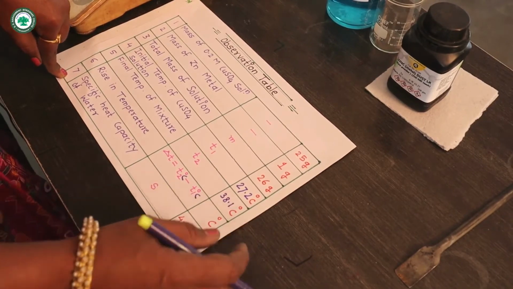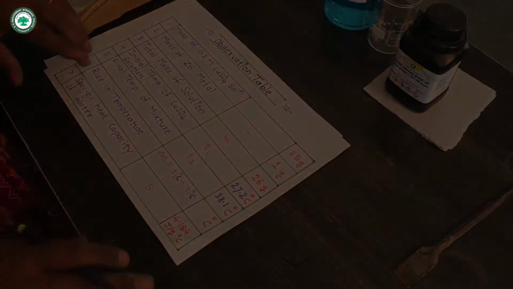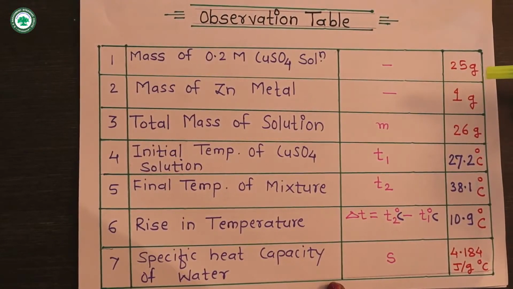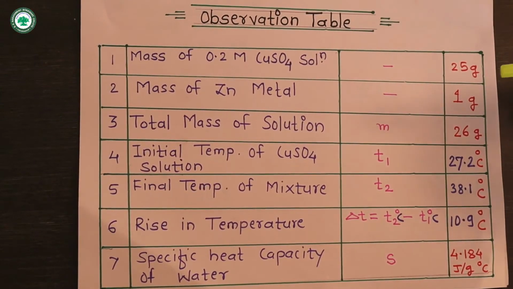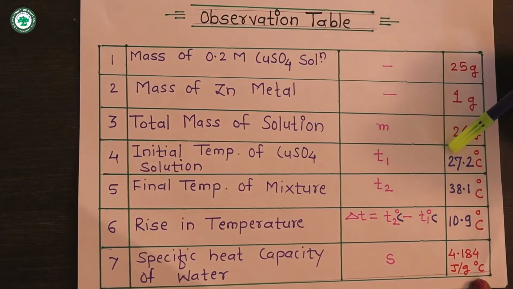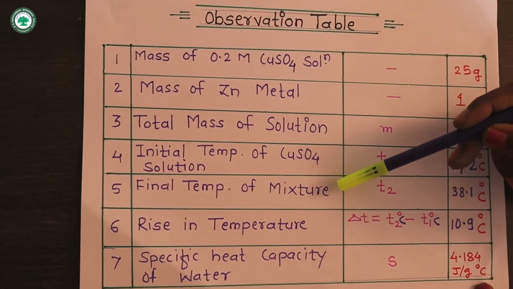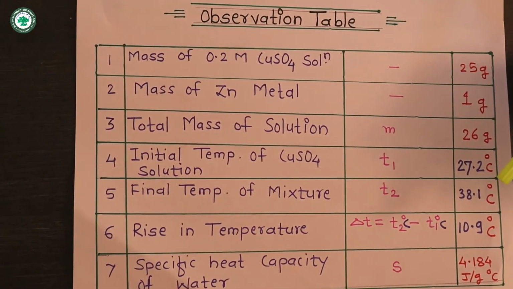Now let us calculate the value of delta H. Now let us see here the calculation of this displacement experiment. Now we have noted T1 degree Celsius, that is the initial temperature of copper sulfate, 27.2 degree Celsius, and the final temperature of the reaction mixture T2, 38.1 degree Celsius.